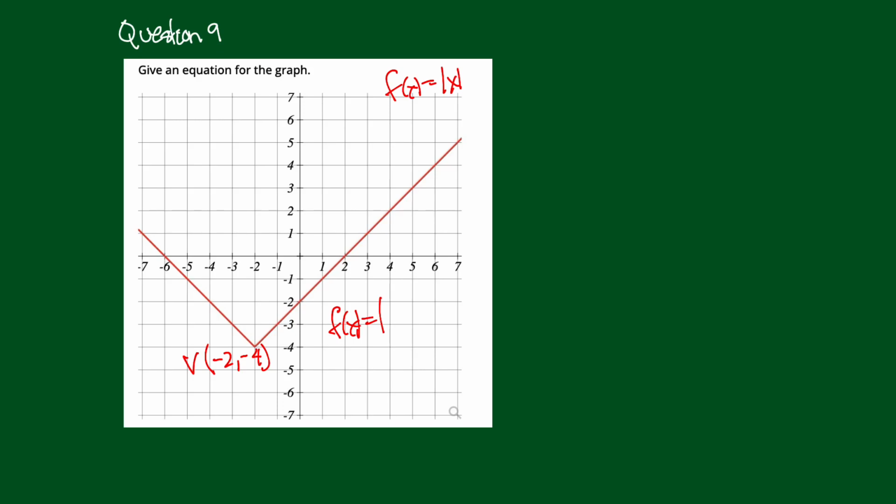Now it's been translated to the left 2 units. So I'm going to write x, but when it goes to the left, it's a plus 2. It seems like if it's to the left, it should be minus, but the horizontals do exactly the opposite of what you think. So x plus 2, and then it goes down 4. So the verticals go outside the absolute value. That's the equation that we're looking for.